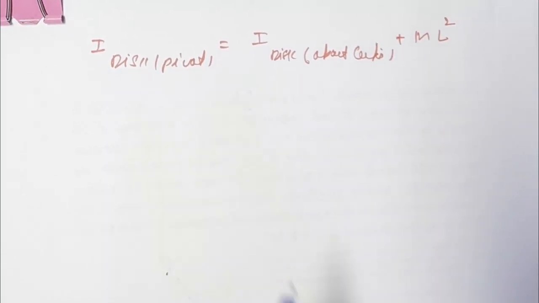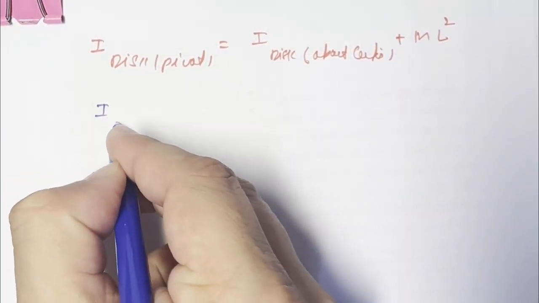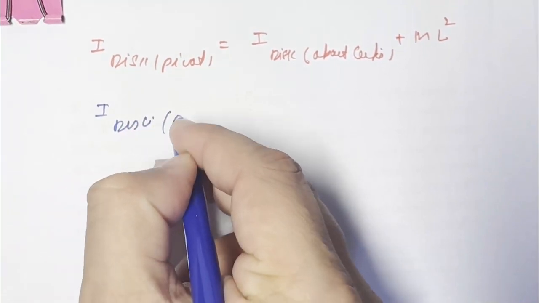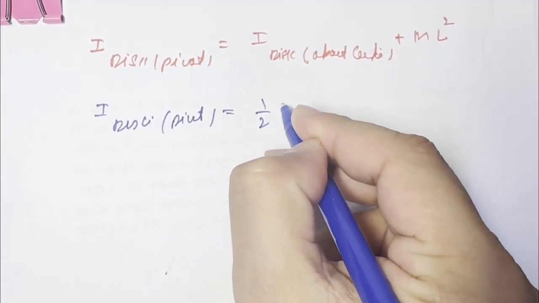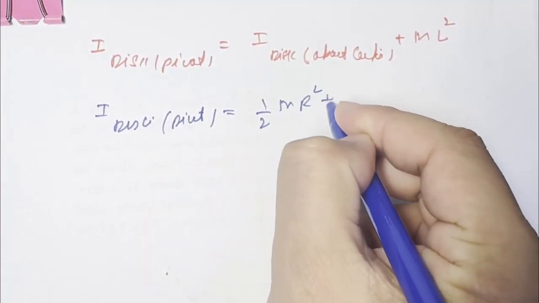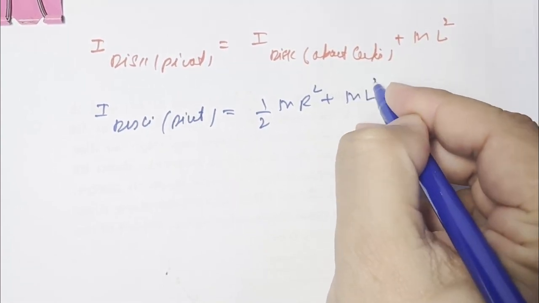So we substitute the value, we get I disk pivot will be equal to half m r square plus m l square.